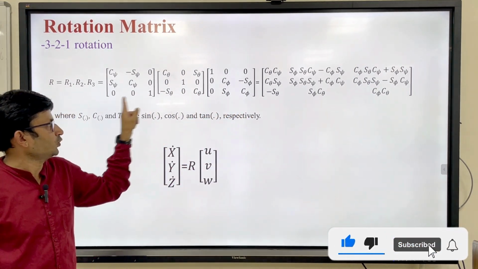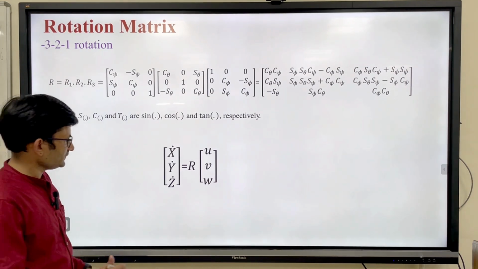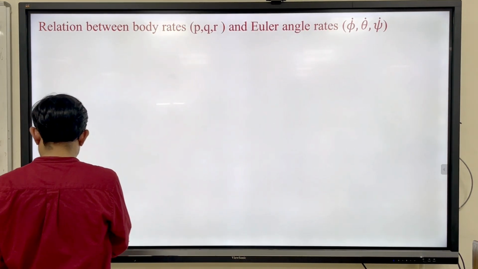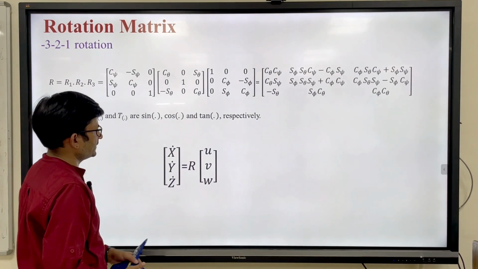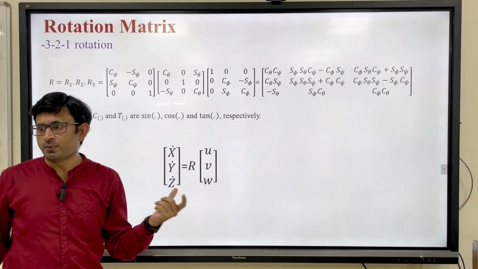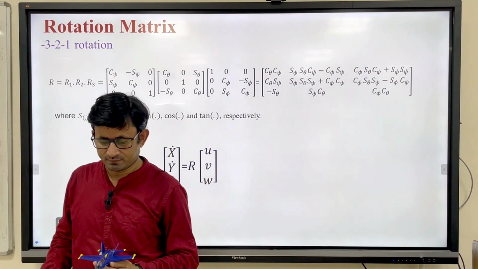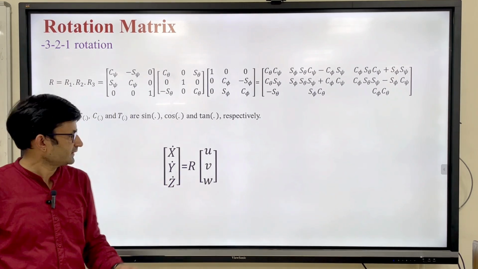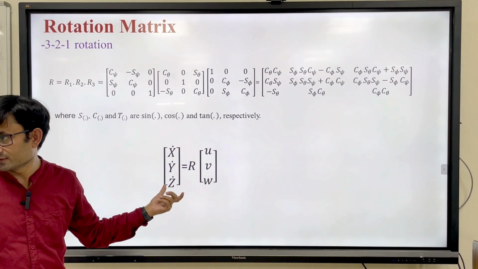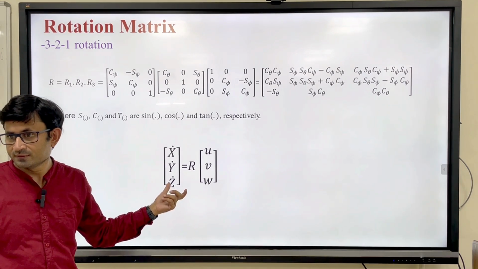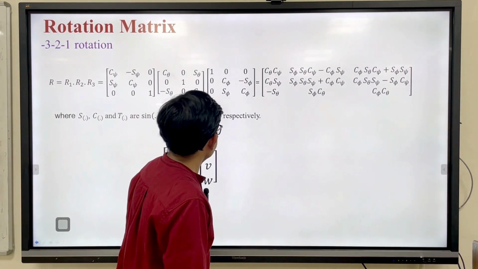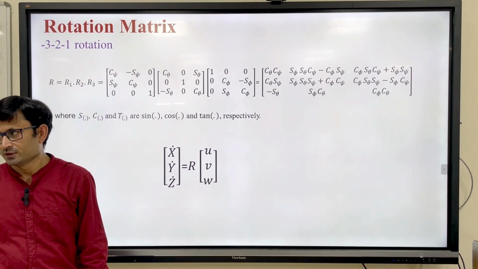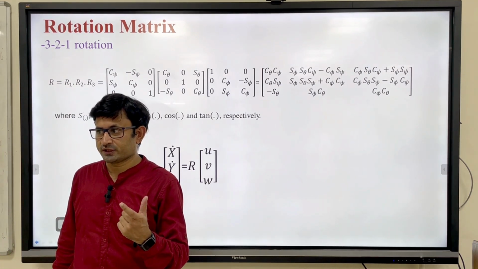So 3 2 1. Now see, this part UVW is the body axis velocity, that means body axis, but we are measuring where? In inertial. Okay, so that is the importance of the rotation matrix. See how important the rotation matrix is.